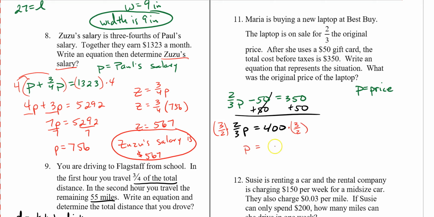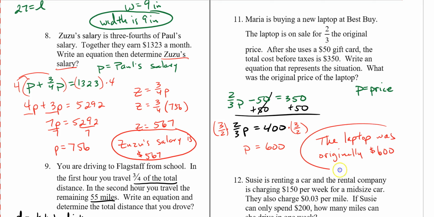So P is equal to 600. So she only paid 350, but the original price of the laptop was $600.